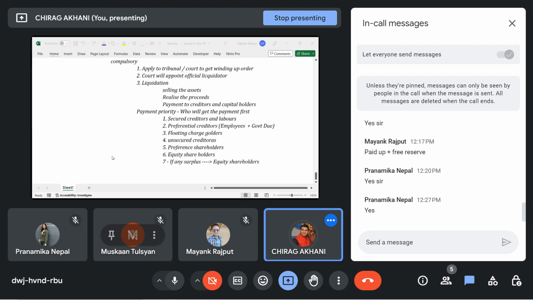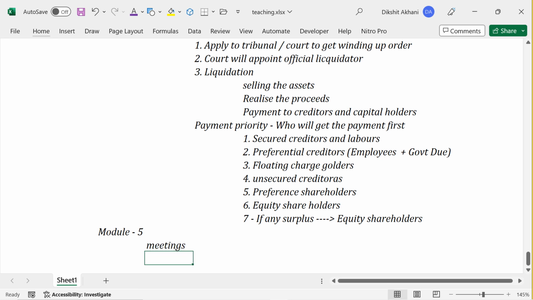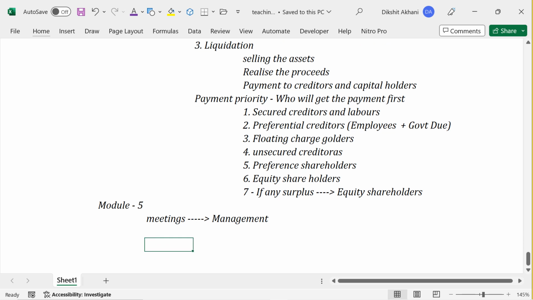Alright. So here module 4 is also coming to the end, and now we are just discussing the last module, module 5, which is talking about the meetings and other management. So please try to understand that as far as the company is concerned, there are so many meetings.